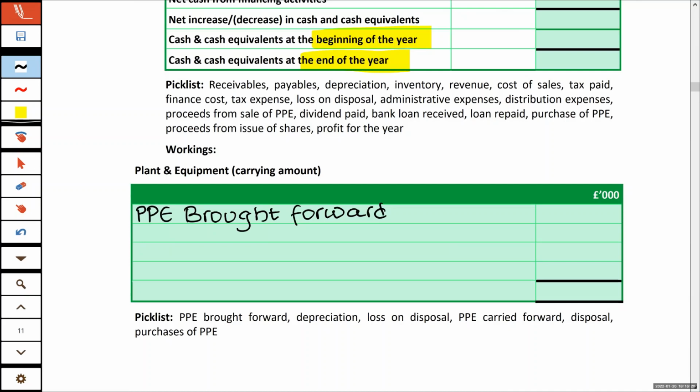And taking it from that page, that was 12,423. And carry forward, that is 15,600. I'll put that in as well.